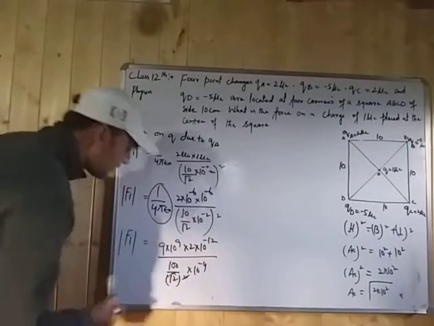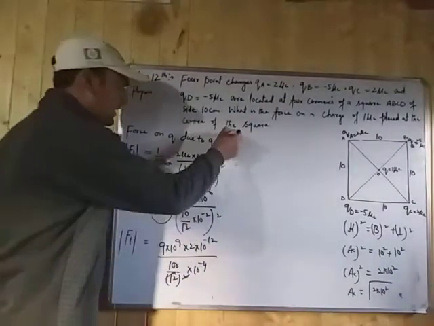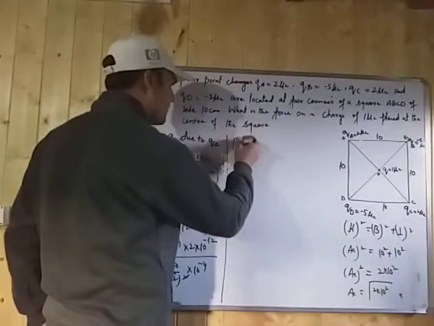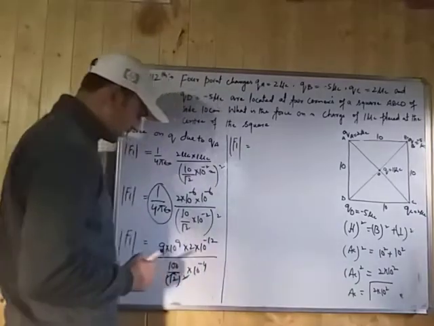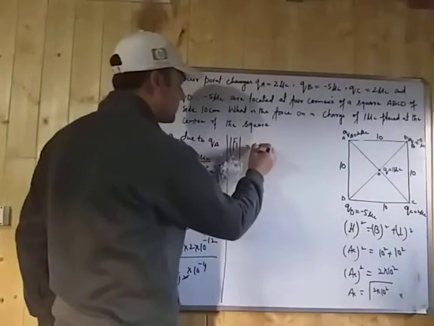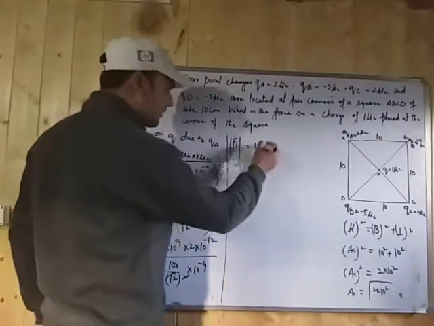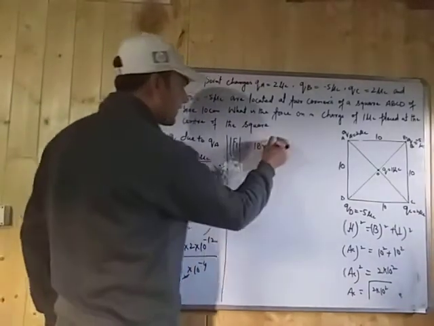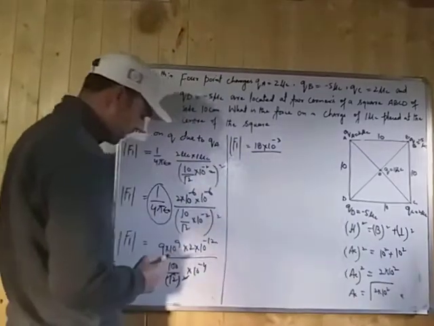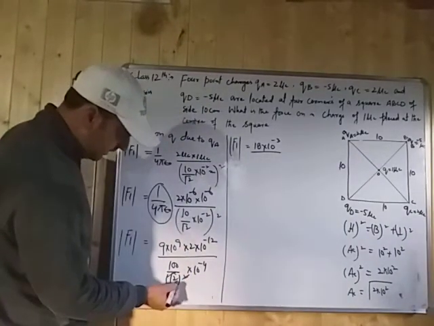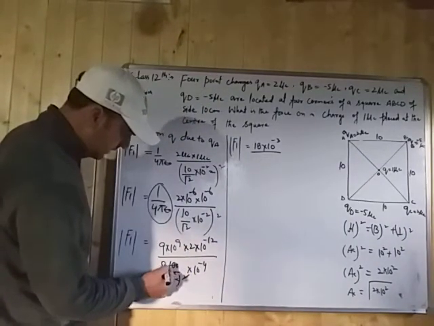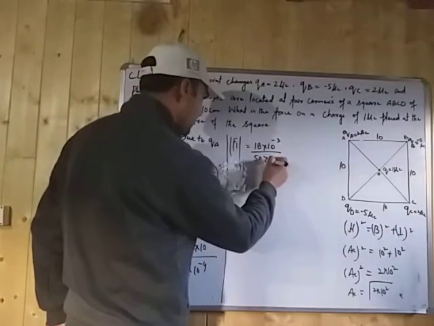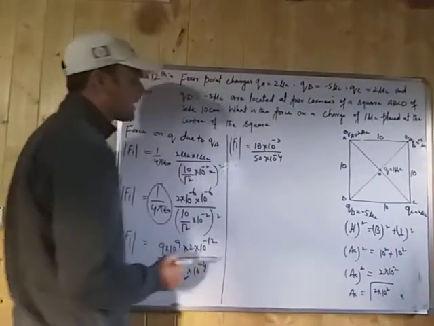So this 2 and the root will cancel each other. So the magnitude of force F1 is equal to 9 twos are 18 into 10 raised to power minus 3 divided by 50 into 10 raised to power minus 4.